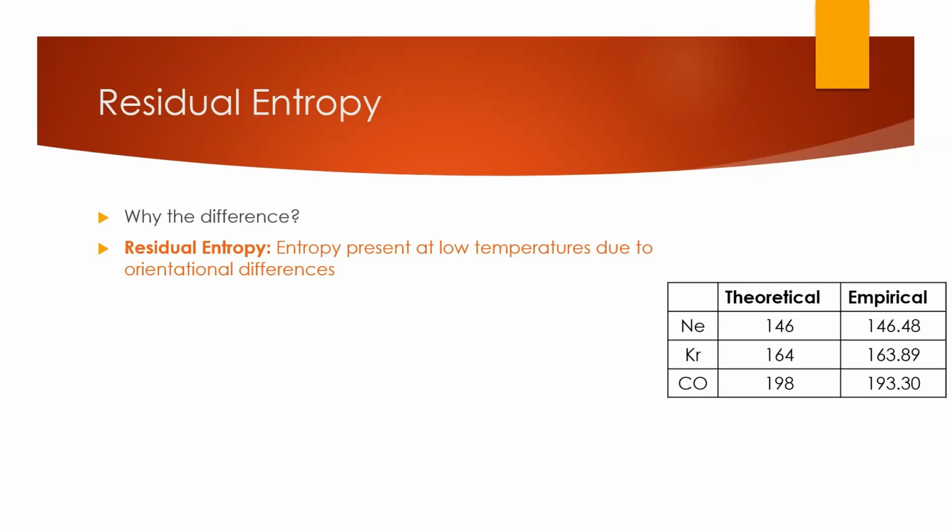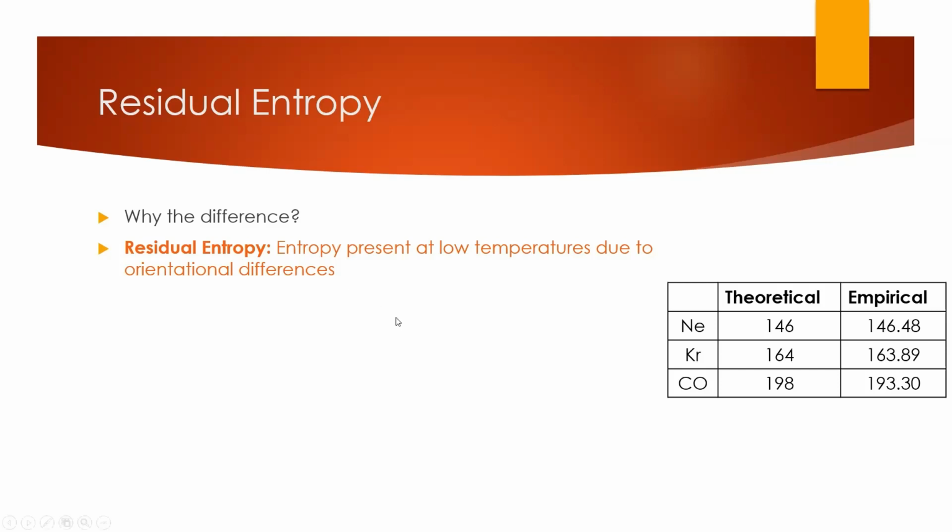Now, how could we have a non-pure crystalline solid at 0 Kelvin? Carbon monoxide gives us an example of this. If you were to go back, and I had my Chem 101 students do this, we draw Lewis structures of this. Carbon monoxide has a dipole from carbon and oxygen, but that dipole is opposed by the formal charges on the carbon and the oxygen. So that means that carbon monoxide is actually not very polar, which is why our bodies mistake it for oxygen and it suffocates us if we breathe it in.